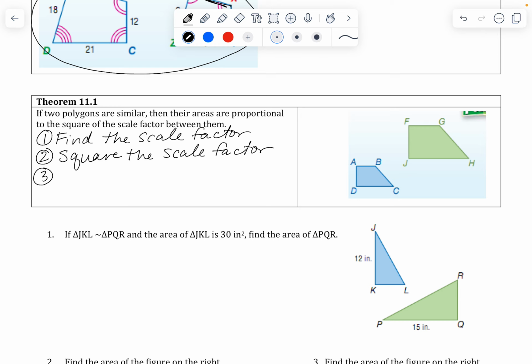Step number 3 is set up the equation. And step number 4 is cross multiply.